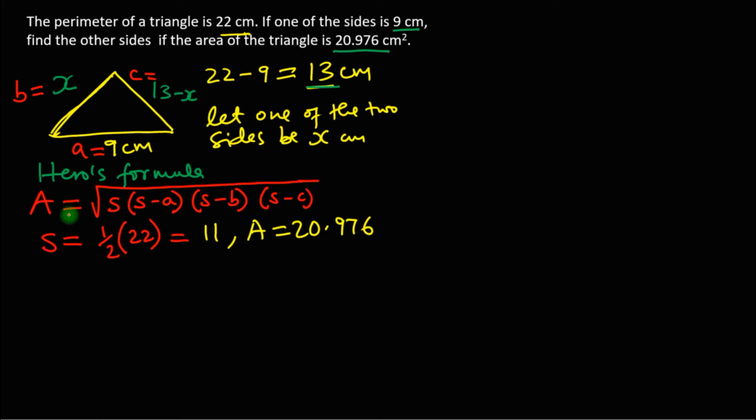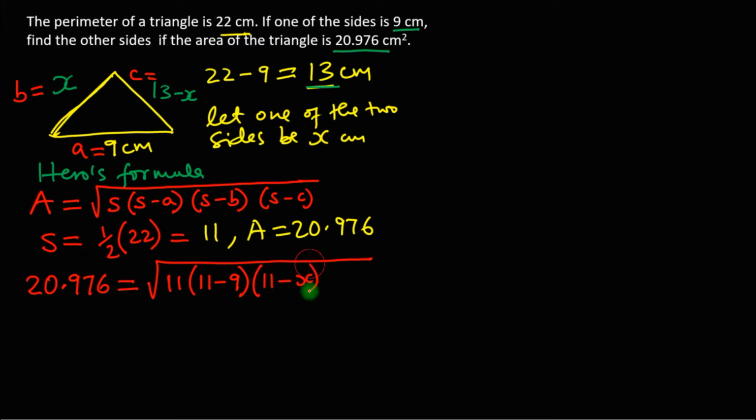Then I substitute into Hero's formula. So 20.976 will be equal to the square root of s, which is 11, then 11 minus a, which is 9, then in brackets 11 minus b, which is x.